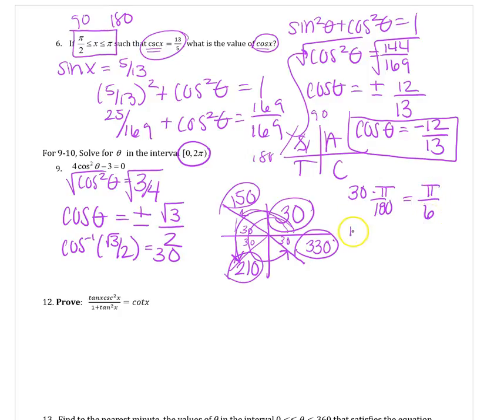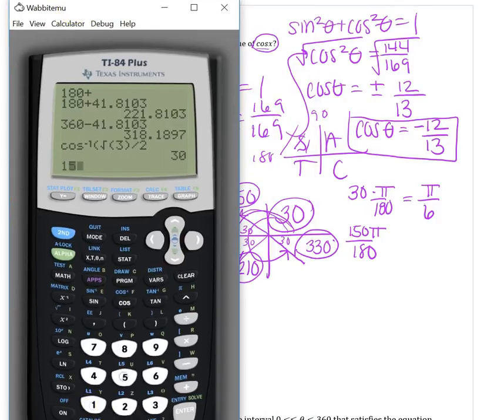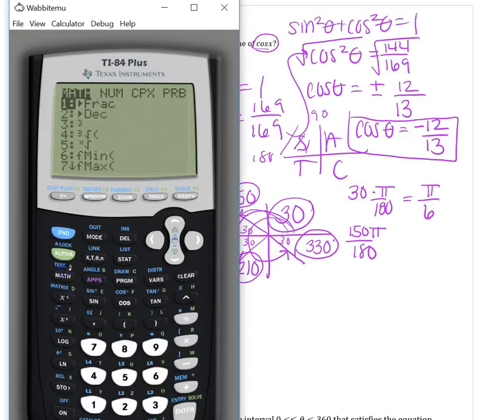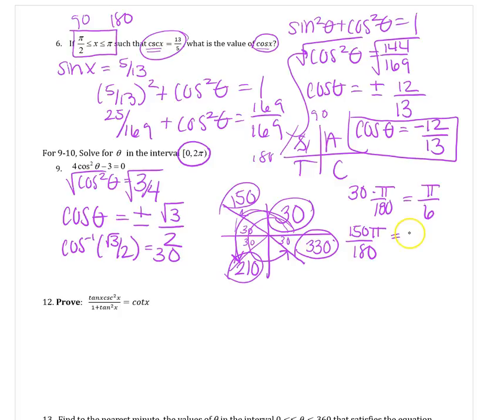If I'm going to reduce 150, and maybe you're not as quick at reducing, in your calculator you can do 150 divided by 180, and then do a math frac. So 5 over 6, so therefore 5 pi over 6.